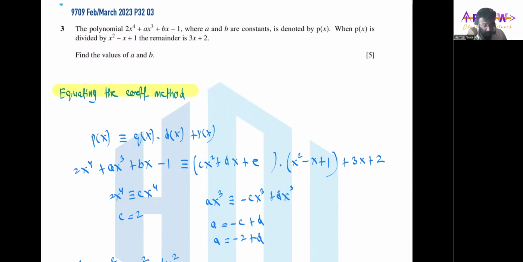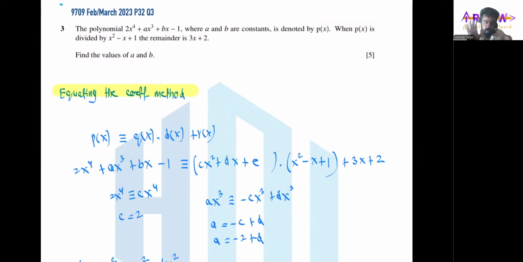All right. Now we are going to see the term in x cube. Now you want to ask yourself how to find the term in x cube. How many ways are there in which you can find the term in x cube over here? All right, so first thing first, this cx square will be multiplied by minus x, and this dx will be multiplied by x square.